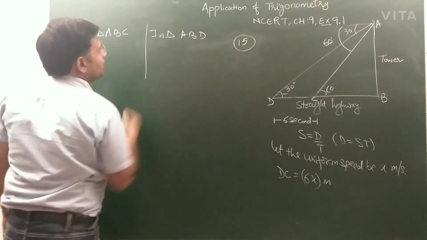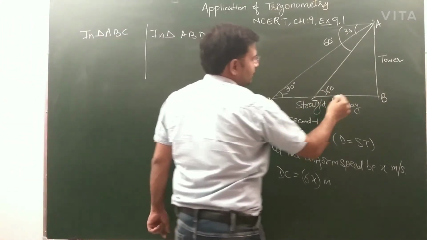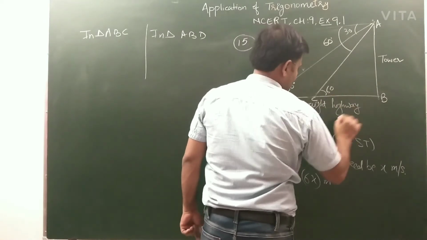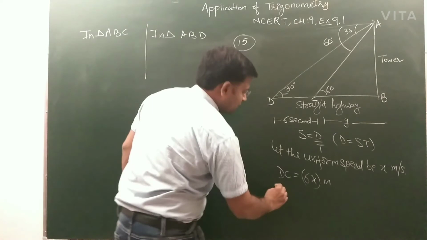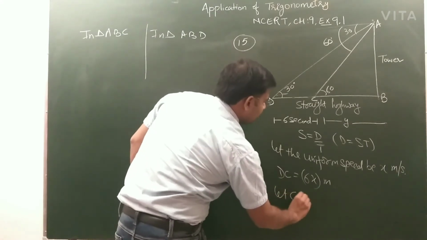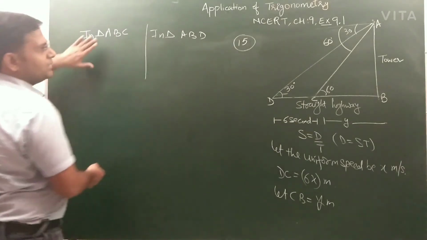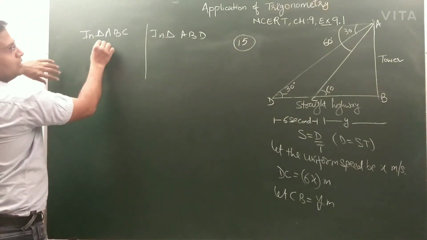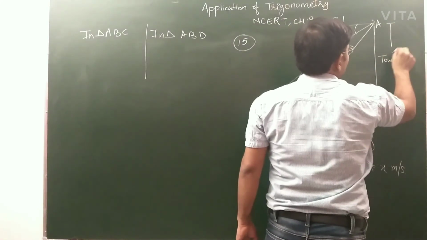From ABC, we don't know this distance, so let this distance be y. Let CB equal y meter. In this triangle ABC, the height of the tower is not given, so we can take it as h.